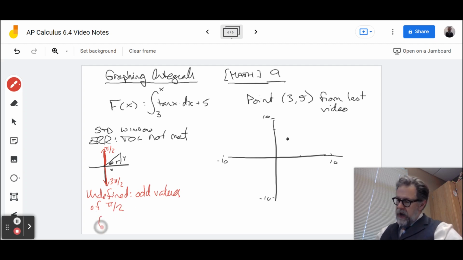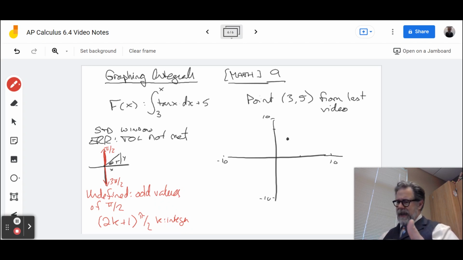One way that we can write that is 2k plus 1, which will always be an odd number, pi over 2. So for x equals (2k plus 1) pi over 2, where k is any integer, 2k plus 1 will always be odd. That will give us a vertical asymptote.